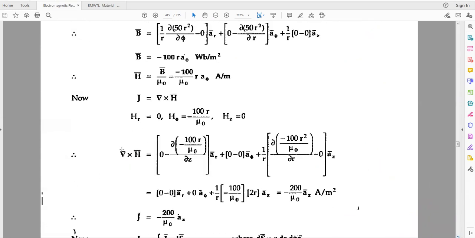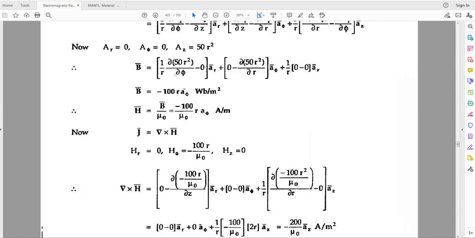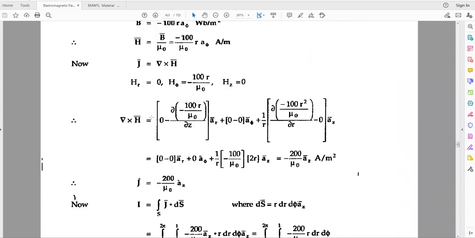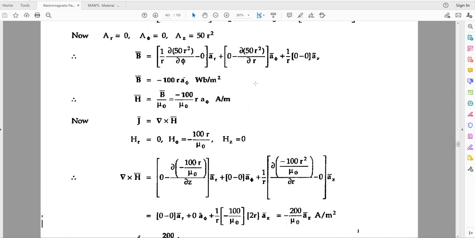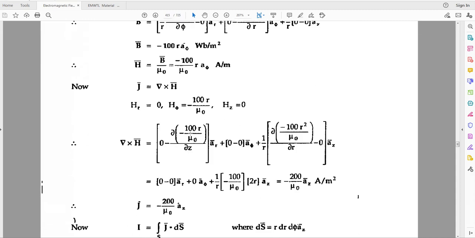So again, del cross H bar using this formula. The Hφ term is ∂/∂Z of this one in the φ direction. The remaining terms are all zeros. ∂/∂Z: in the first term, with respect to Z there is only a Z term, so that becomes 0, and the second term is also 0.